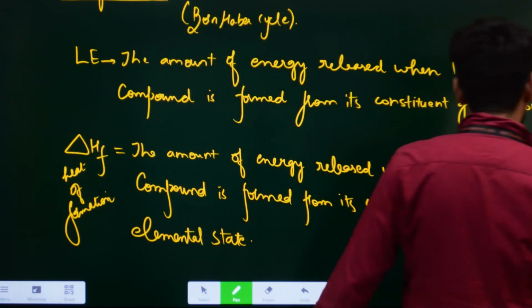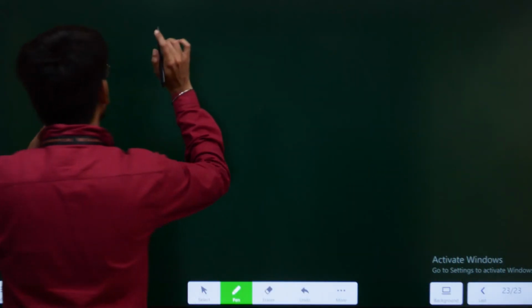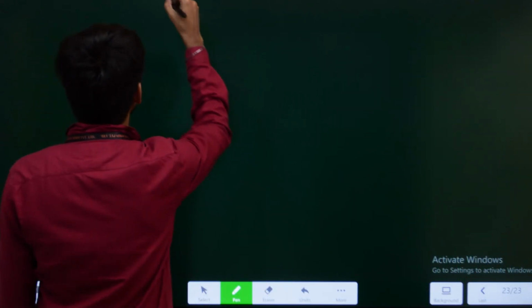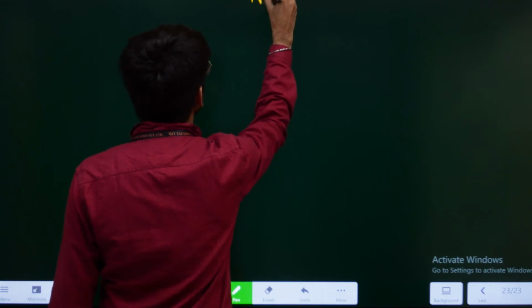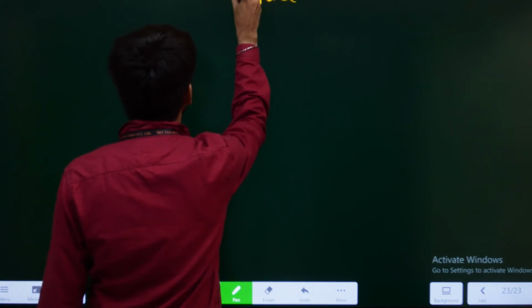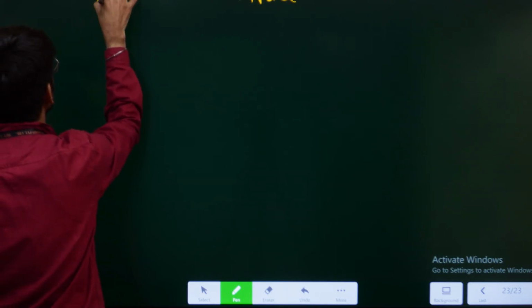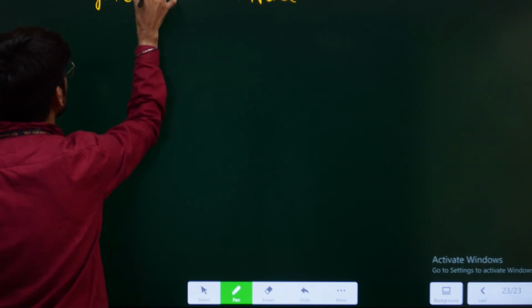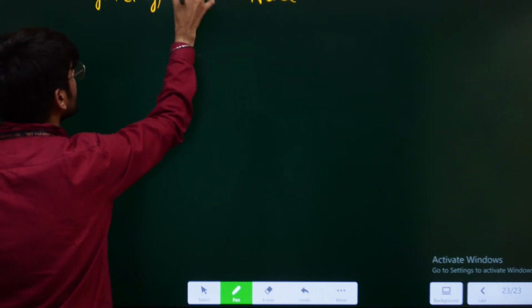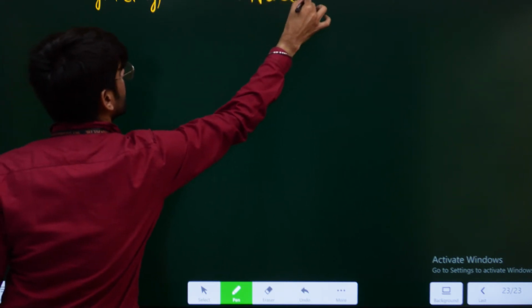Now, I am taking the example of formation of NaCl. If I write the formation of NaCl as Na+ gas plus Cl- gas, then the energy released in this case is the lattice energy.